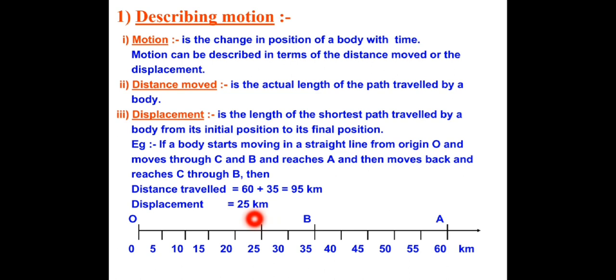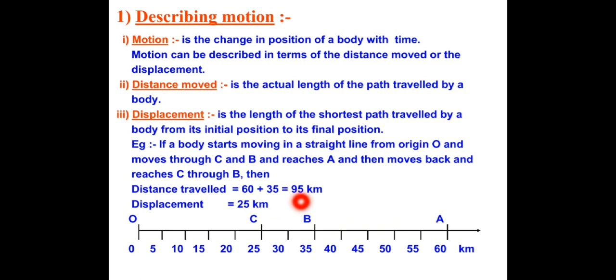So what is the actual path of the car travelled here? From O to A the distance is 60 kilometer, and when the car moves back from A to C the distance is 35 kilometer. So the previous 60 kilometer plus 35 kilometer is equal to 95 kilometer. This is the actual path travelled by the car, and this is the distance moved by the car, that is 95 km. But how much displacement is here?